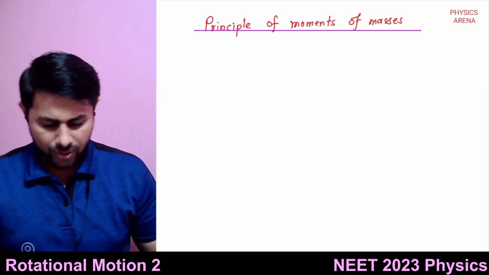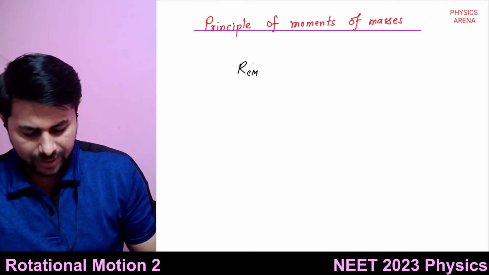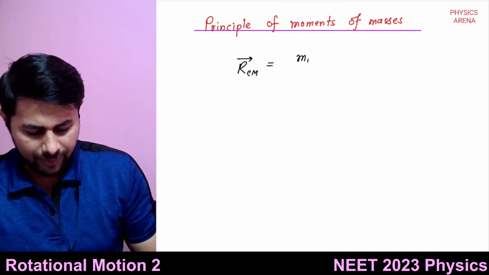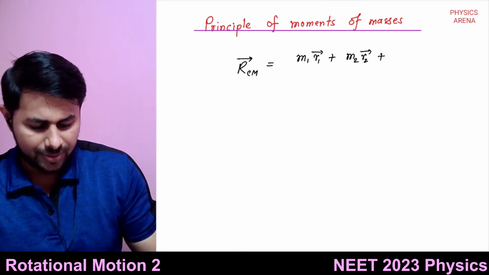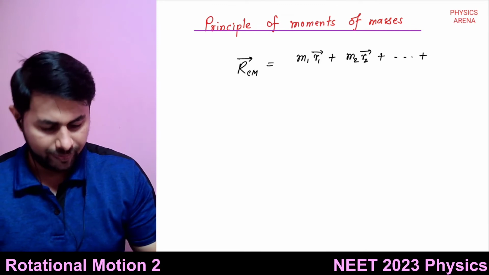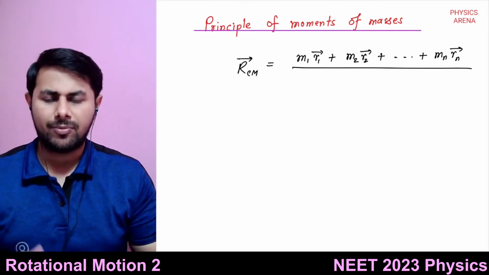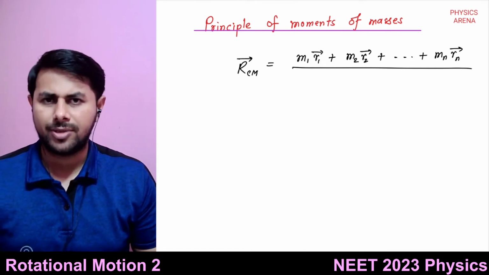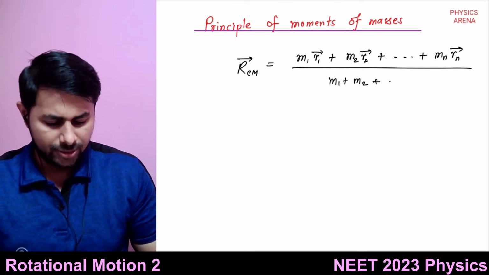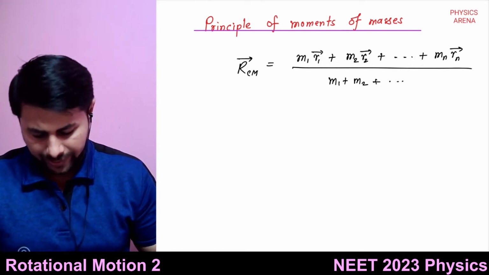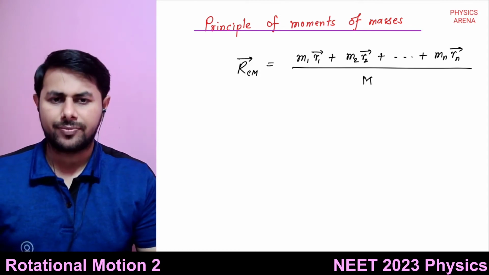So we saw that the position vector of center of mass is given by what? m1 r1 bar plus m2 r2 bar plus so on and so forth up to plus mn rn bar divided by the sum of masses of all particles of the body, m1 plus m2 plus so on and so forth up to mn, which can be written as the total mass of the body.